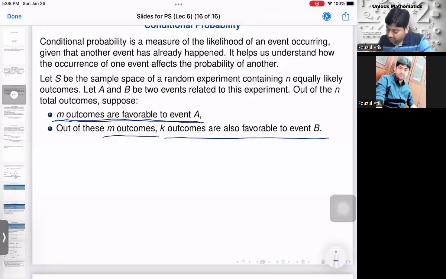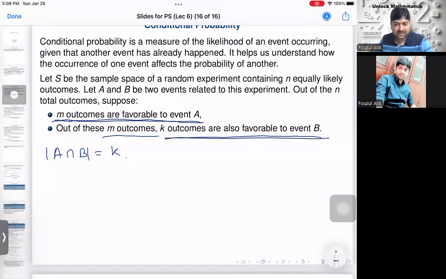Now, what is A intersection B? The k outcomes are favorable to the event B, but they are already in the event A. So A intersection B is the event that has k elements.